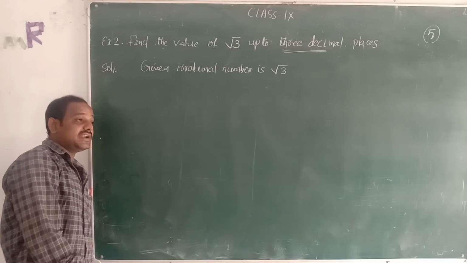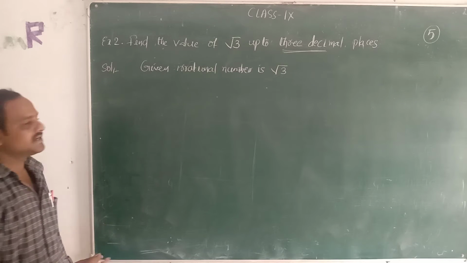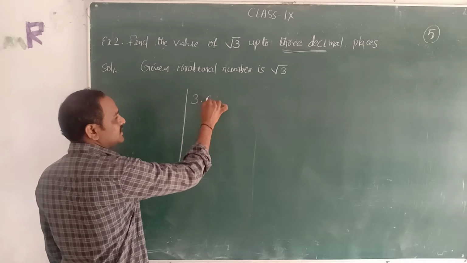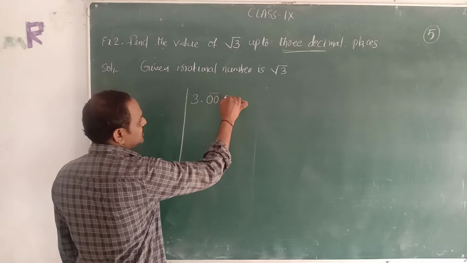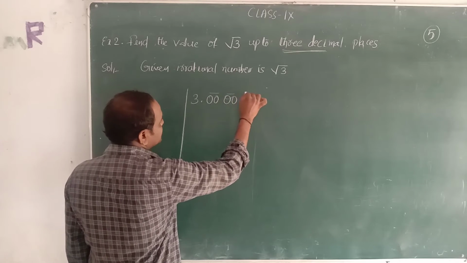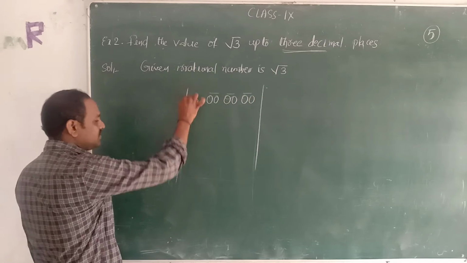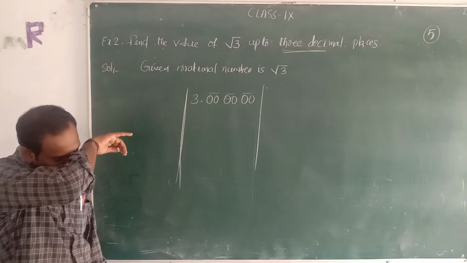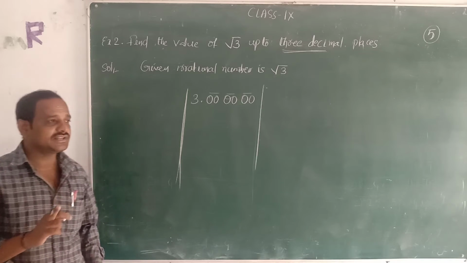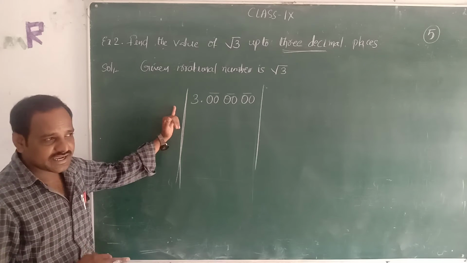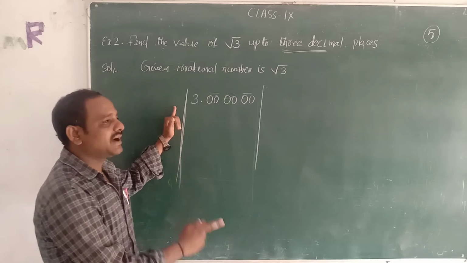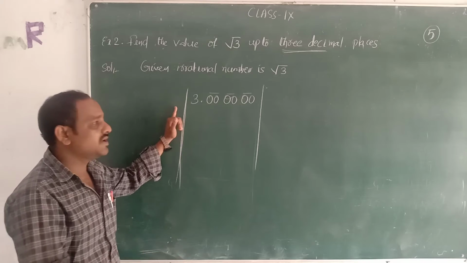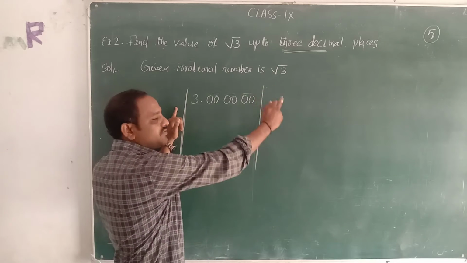To find the value of root 3 up to 3 decimal places, all of you know how to take: 3 point, 00 one pair, 00 second pair and 00 third pair. Now which one is possible, 1 or 2 or 3? The first condition is that whichever number we take in the place of divisor, we have to multiply by the same number in the place of quotient.